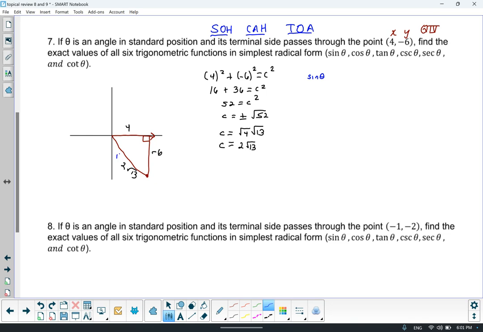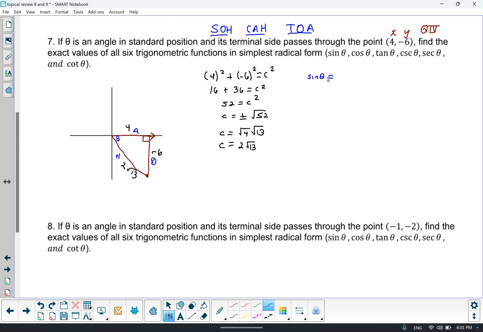The hypotenuse is across from the right angle. The adjacent side is the x. It's adjacent to the angle, and the angle is always formed between the closest portion of the x-axis and the hypotenuse, and this is the opposite side.